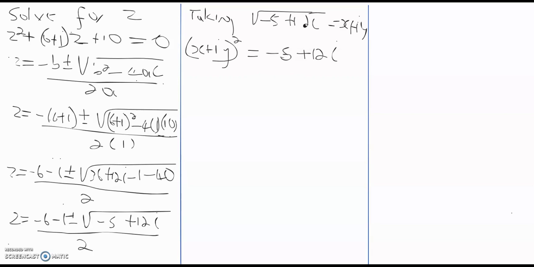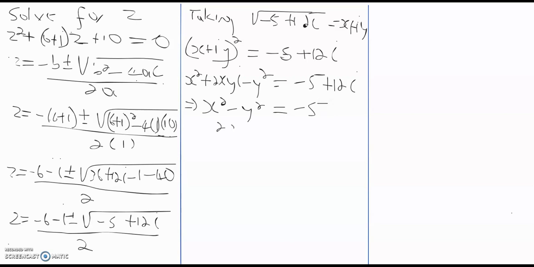Alright, once again, we have a perfect square. We know what happens when we expand this: it is going to be x squared plus 2xyi minus y squared equal negative 5 plus 12i. And of course, when two complex numbers are equal, the real parts are equal and the imaginary parts are equal. So this implies that x squared minus y squared equals negative 5 and 2xy is equal to 12.